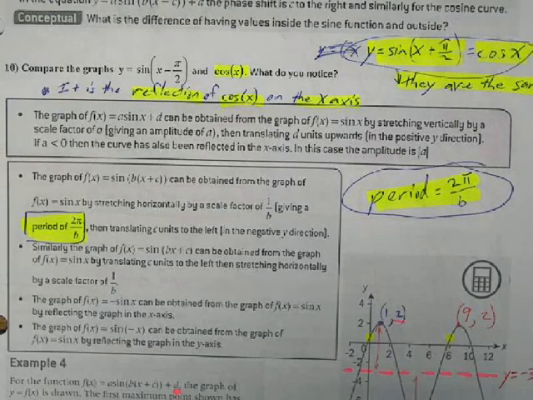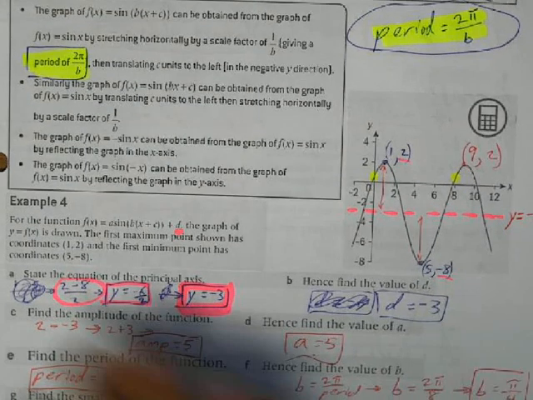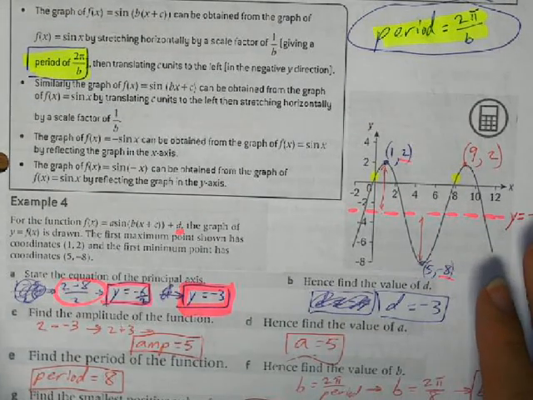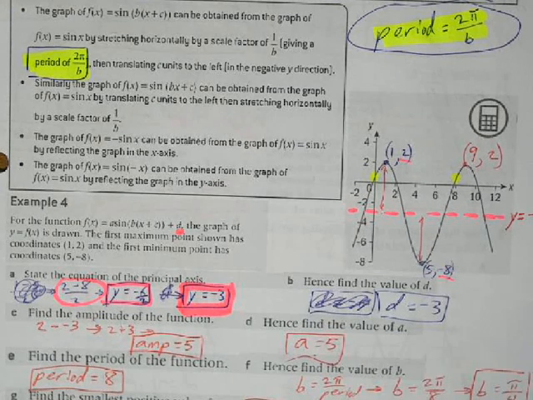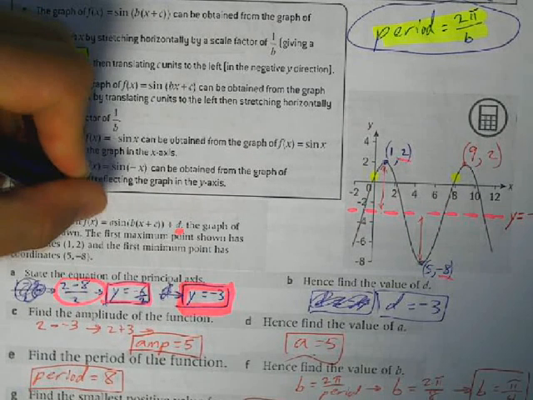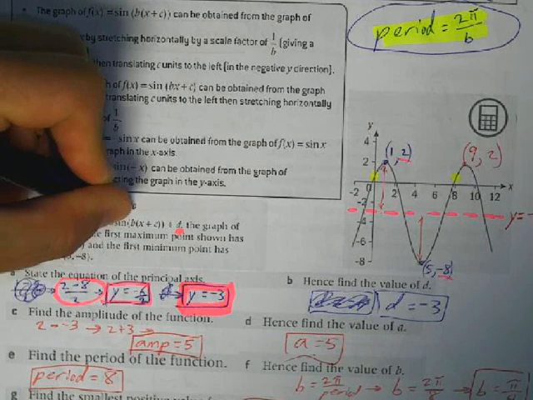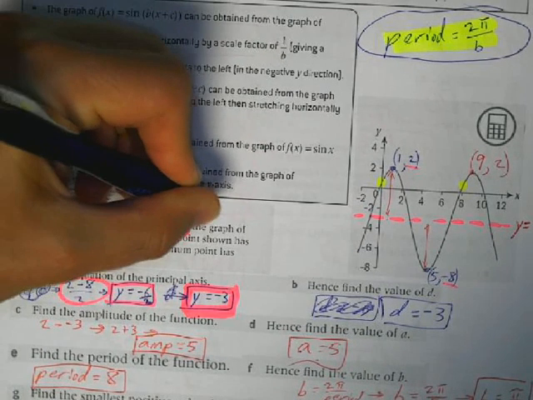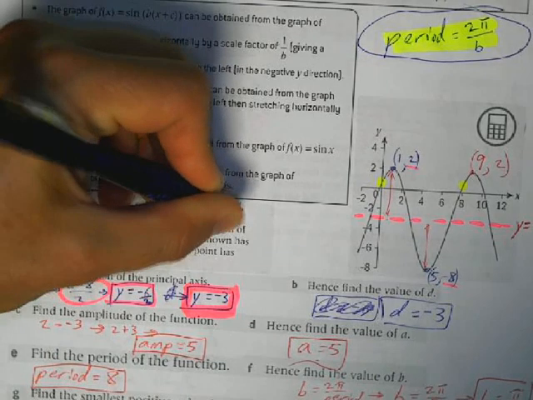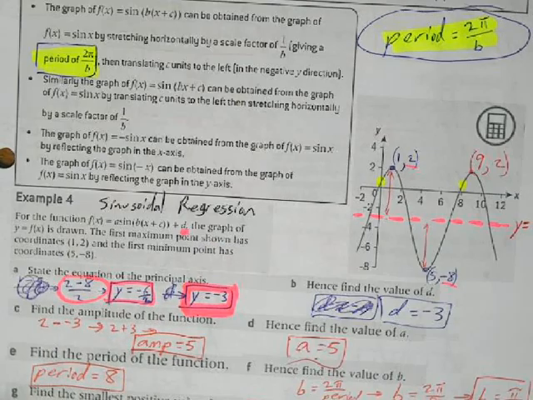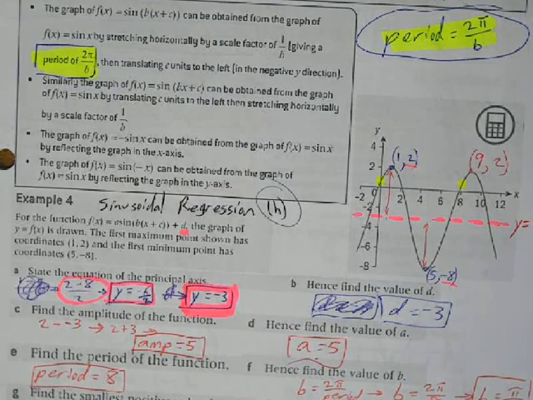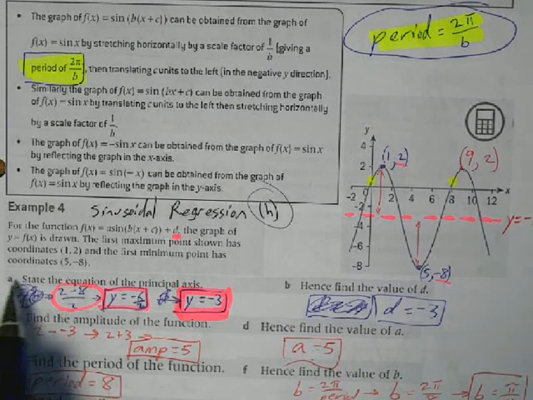But okay, let's talk about example 4. This is where you're going to use sinusoidal regression on your calculator, and you're going to be doing that for part H. But before we do that, state the principal axis.